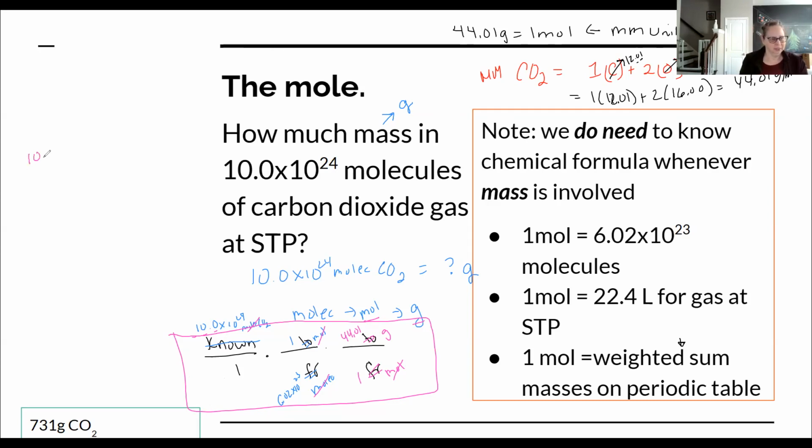So they could have given you this as 10.0 times 10 to the 24th molecules of carbon dioxide over 1, times 1 mole over 6.02 times 10 to the 23rd molecules, times question mark over 1 mole, and said, what goes there?